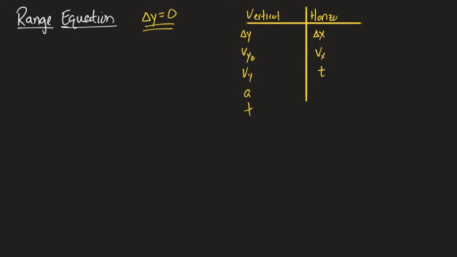Now, generally, for the problems we've done recently, especially the ones where delta y equals 0, we've been dealing with the case where the object has been launched at some angle with some initial velocity.